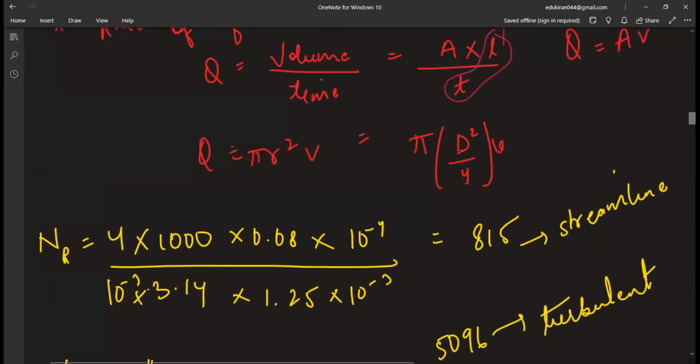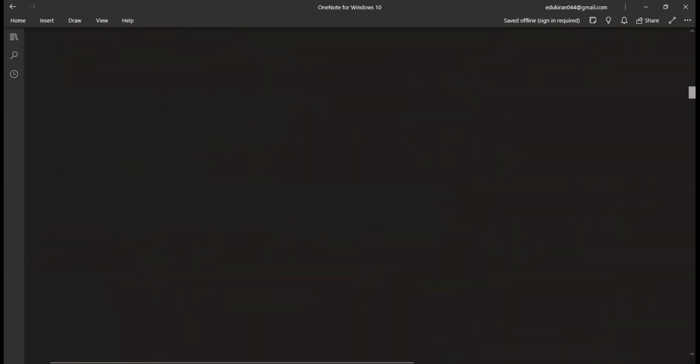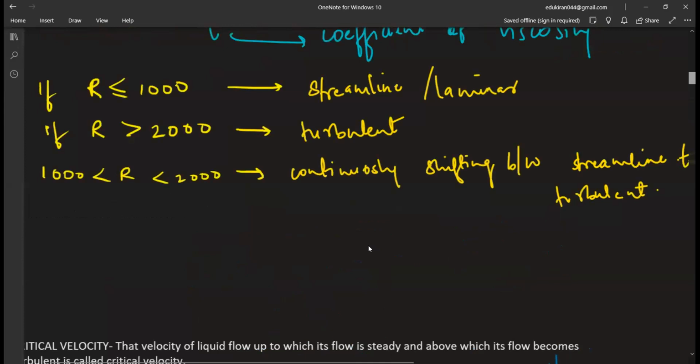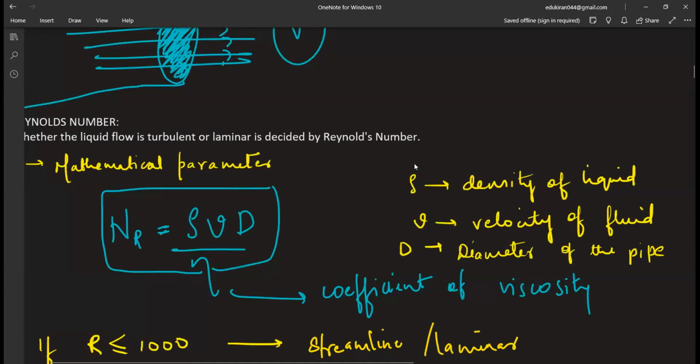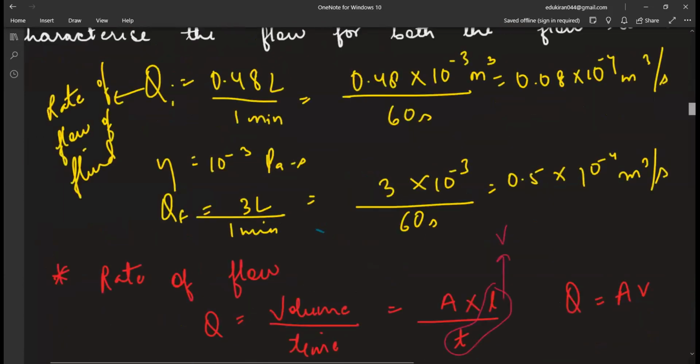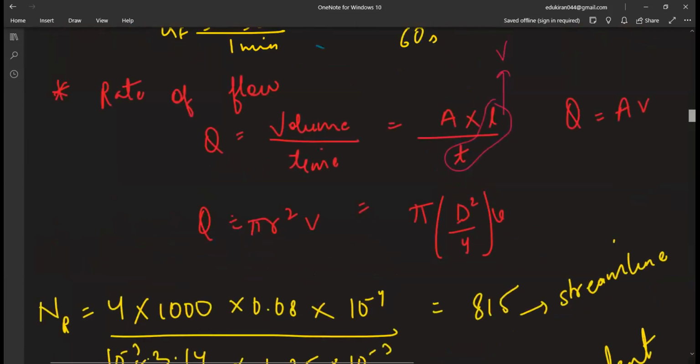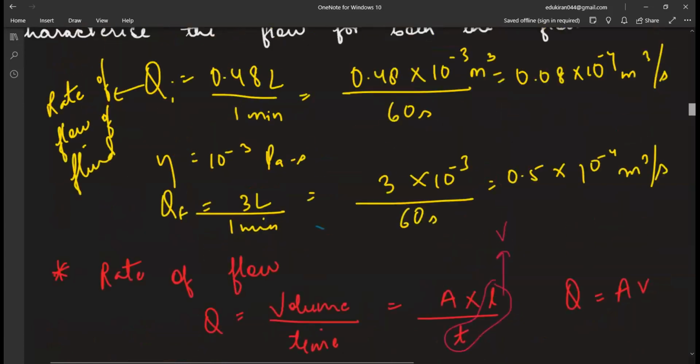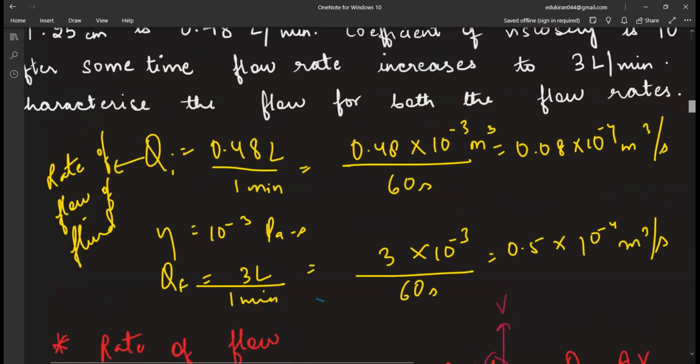Rho V D, yes, it should come in the numerator. See, if we convert it, 10 to the power minus 3. Yes, yes, rho V D, D is in the numerator. I have written it in the denominator, no? Okay, I got it. Right, right. Just check the calculation also. Let me know what's the answer. Okay.